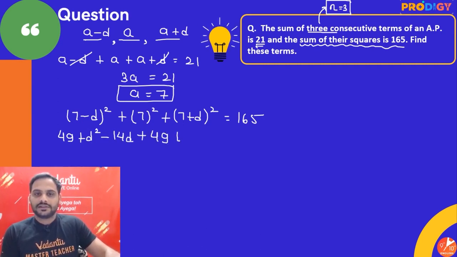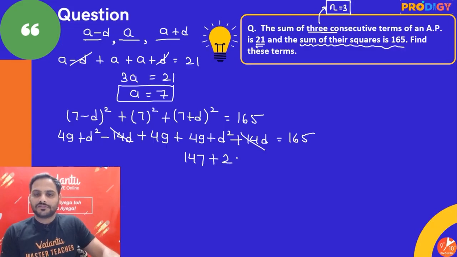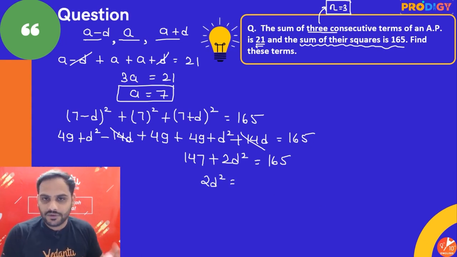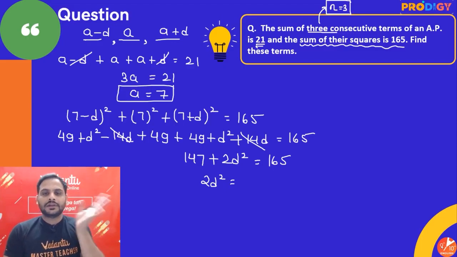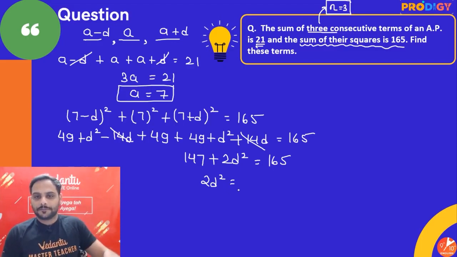Then plus 49, and here 49 plus D square plus 14D is equal to 165. Now plus 14D and minus 14D get cancelled. 49 plus 49 plus 49 will be equal to 147, and D square plus D square is 2D square, which equals 165 minus 147. So you'll get 2D square is 165 minus 147, which is 18.